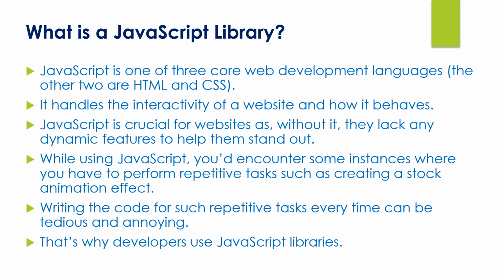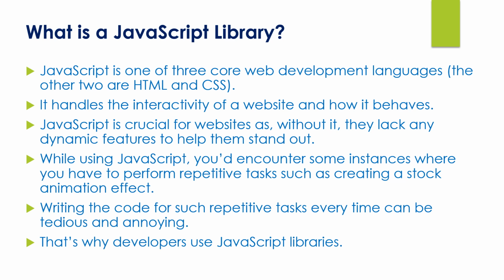What is a JavaScript library? JavaScript is one of the three core web development languages. The other two are HTML and CSS. It handles the interactivity of a website and how it behaves. JavaScript is crucial for websites, as without it they lack any dynamic features to help them stand out.